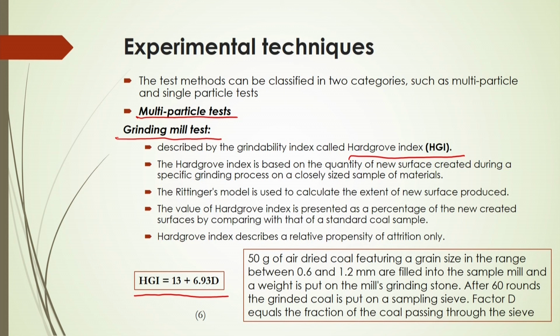Factor D equals the fraction of the coal that is passing through the sieve. So, after grinding, if you pass it through the sieve, then the fraction of coal passing through the sieve is represented by D, and the Hardgrove index will be equal to 13 plus 6.93 into this fraction.